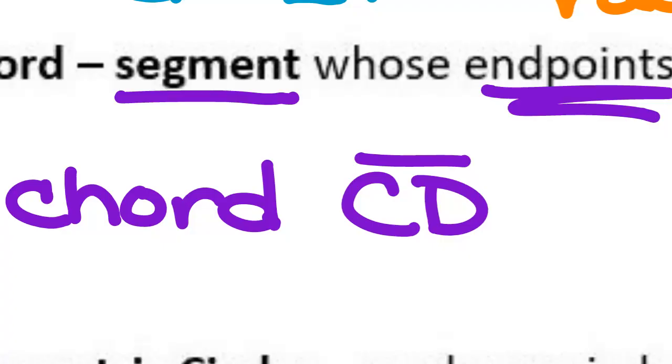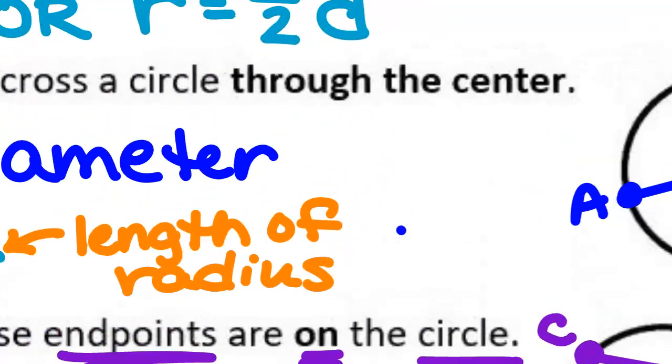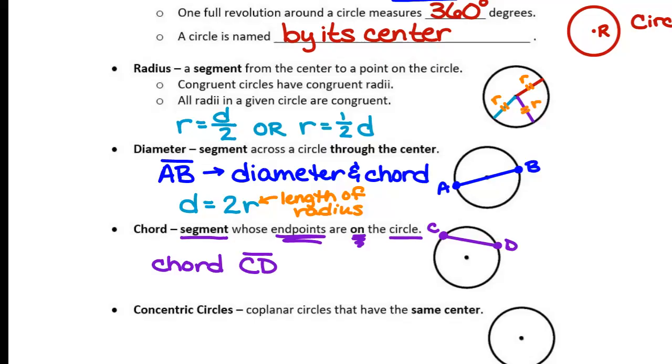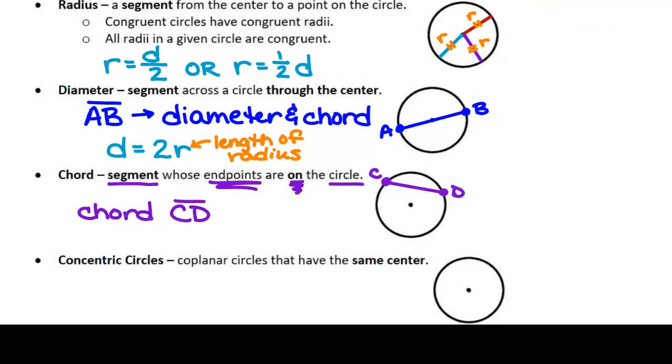Well, aren't the endpoints of my segment on the circle with my diameter? So this segment AB, we can call that a diameter. That is absolutely correct. But it is also a chord, because it also meets the definition for a chord. Its endpoints are on the circle.